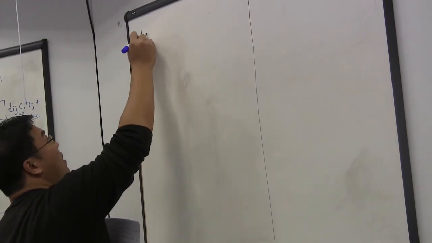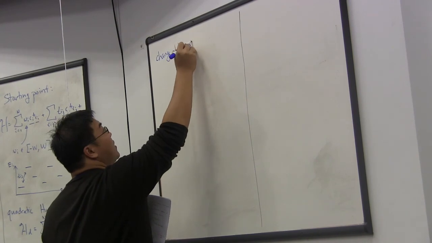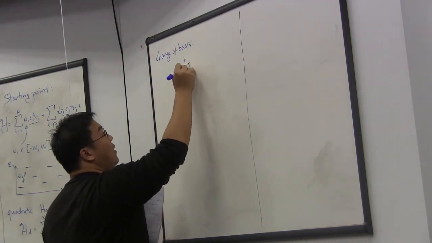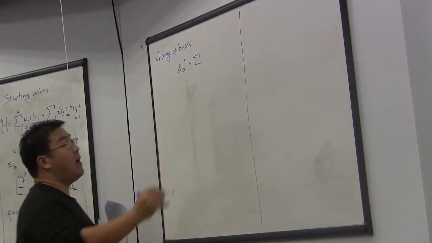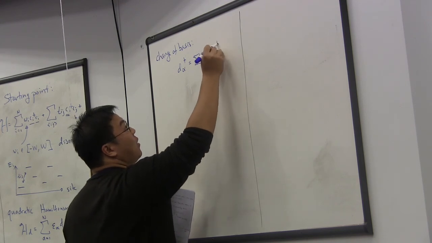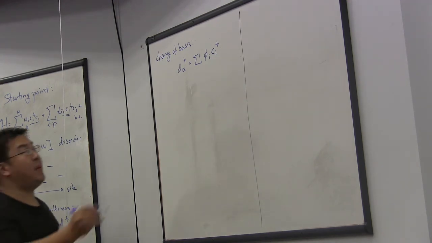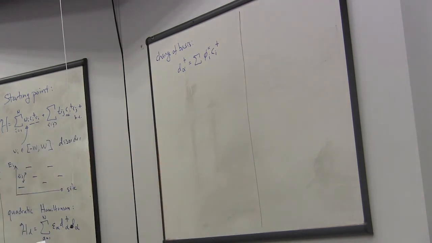And in particular, this change of basis is going to correspond to every alpha being a superposition over my original basis, c i dagger, with coefficients phi. Maybe index this as phi i alpha. Okay.